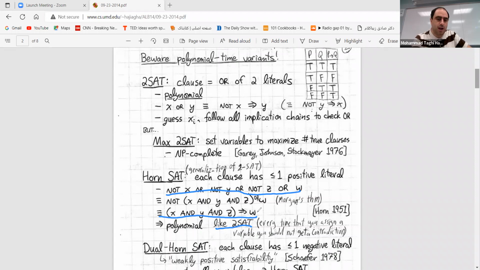So you have this formula, you have these implications, and whenever you have the implications, you can solve it using the 2-SAT algorithm. You guess one variable greedily. If it works, then it works, and you delete all these clauses.